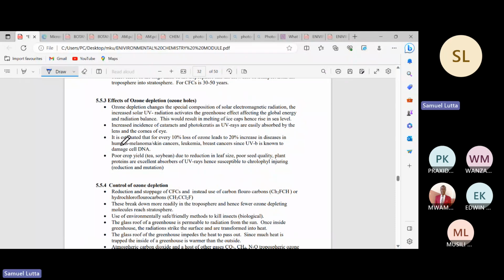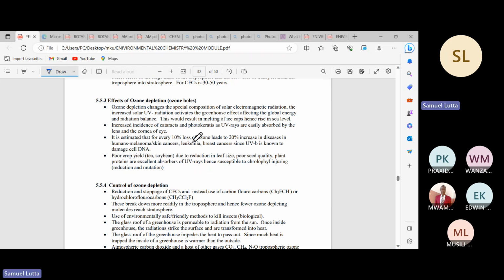So it has actually been estimated that for every 10% loss of ozone, this leads to about 20% increase of diseases associated with skin cancer, breast cancer, since the UV is known to damage the DNA cell. So I think what we're saying is that depletion of ozone causes skin cancer.